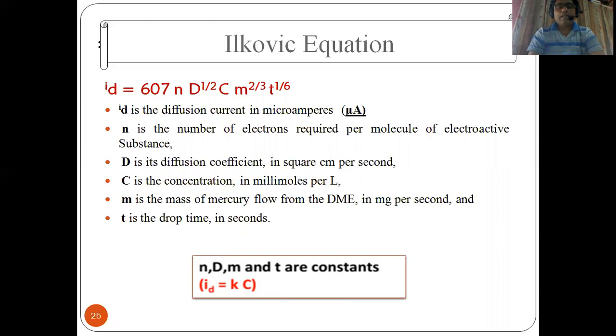Ilkovic equation is ID equal to 607 n D raised to 1/2 C m raised to 2/3 t raised to 1/6, where ID is the diffusion current in microampere, n is the number of electrons required per molecule of electroactive substance, D is the diffusion coefficient in square centimeter per second, C is the concentration in millimoles per liter, m is the mass of mercury flow from DME in milligram per second, and t is the drop time in seconds, where n, D, m and t are constant.